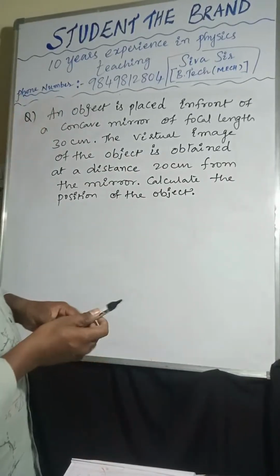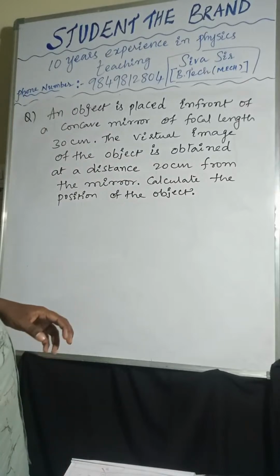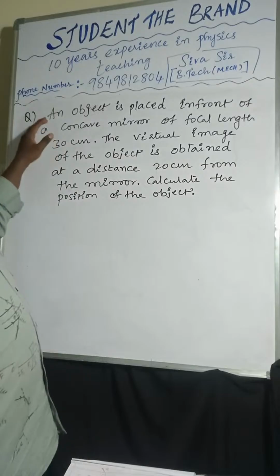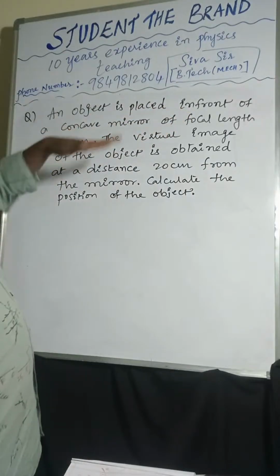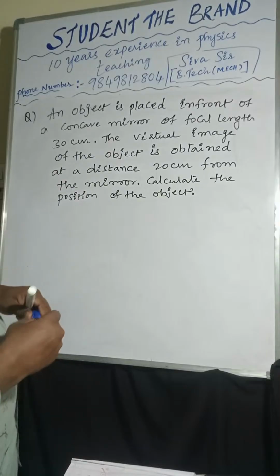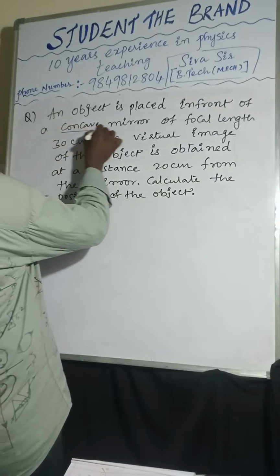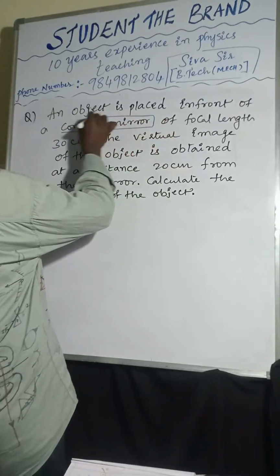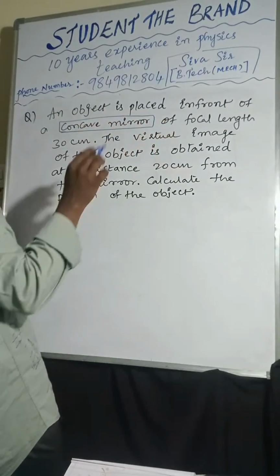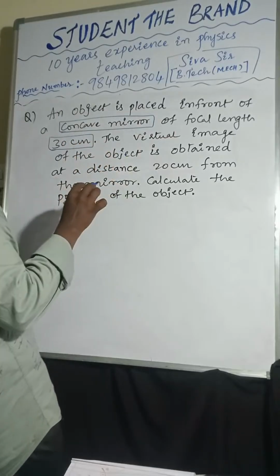So now we can see, an object is placed in front of a concave mirror. Underline it. The focal length is 30 centimeter.